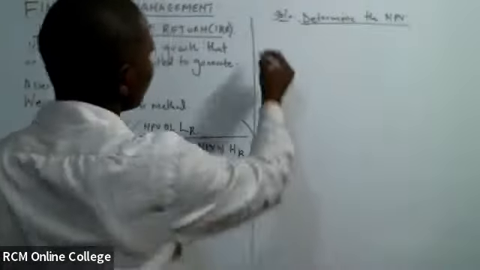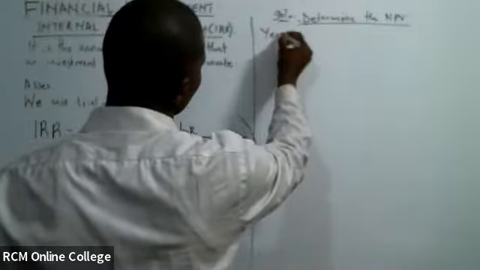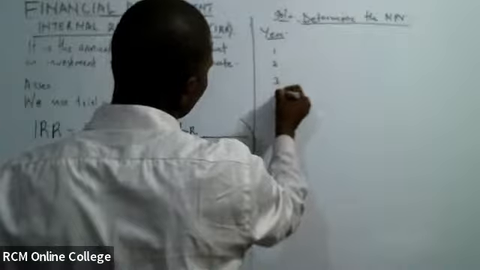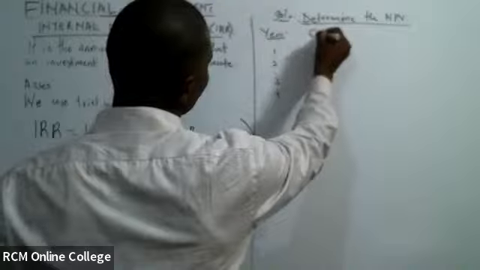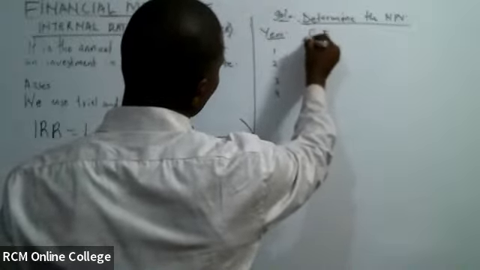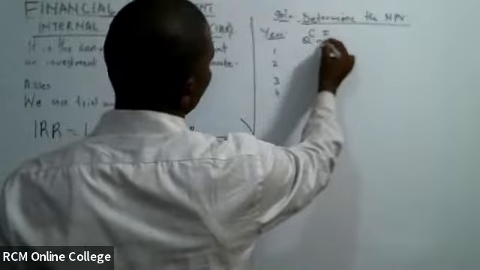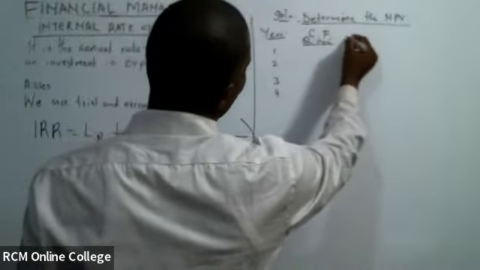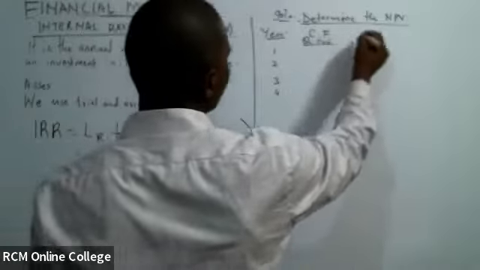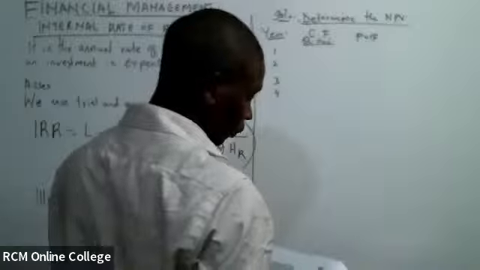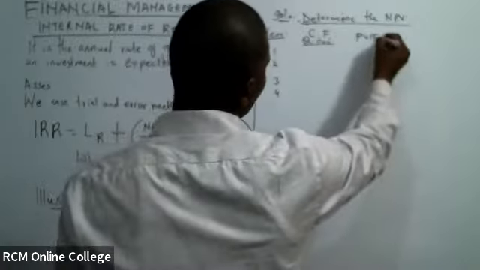So we have 4 years here. Year 1, 2, 3, 4. And we have the cash flow here. Shillings are in 1,000 like that. Then what is our cost of capital? 12%, right?